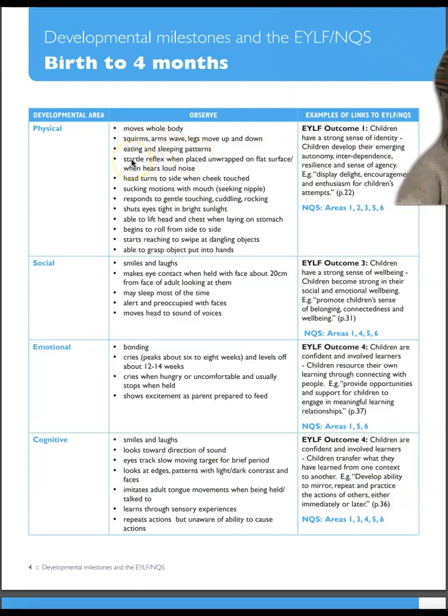They have some reflexes, such as the startle reflex when they wake themselves up because of sudden noises like dogs barking or the vacuum cleaner running in the background. They also turn their head towards the noise. They look for the mom's breast, and that's why they have a sucking motion with the mouth, such as the feeding reflex.